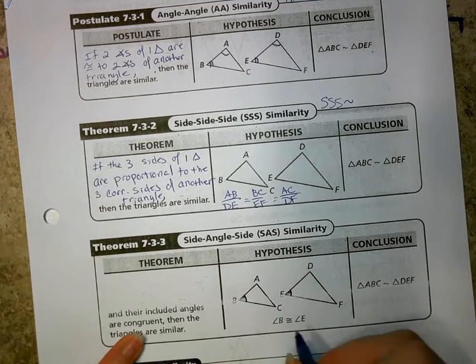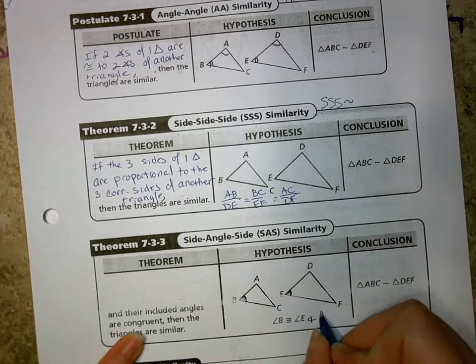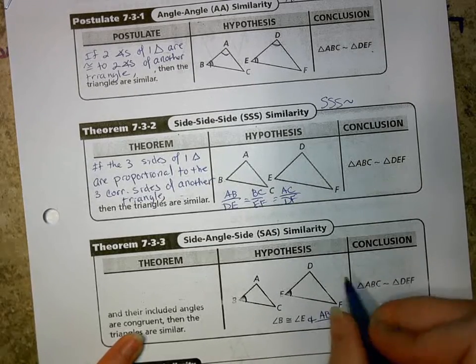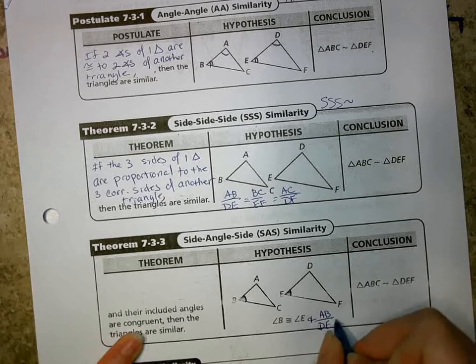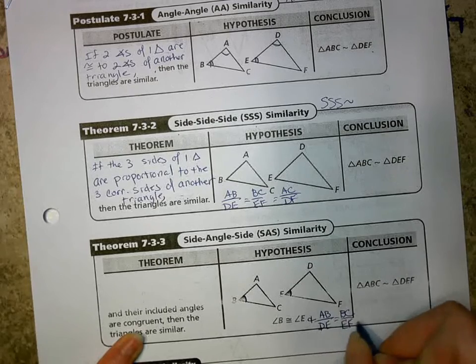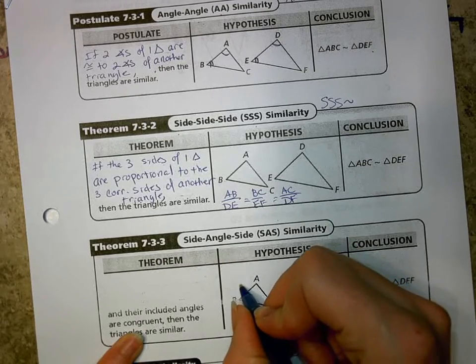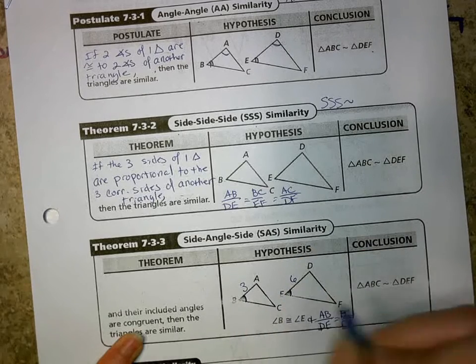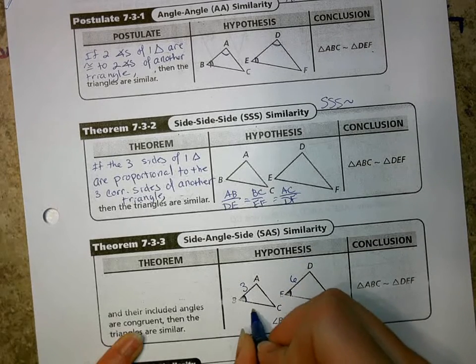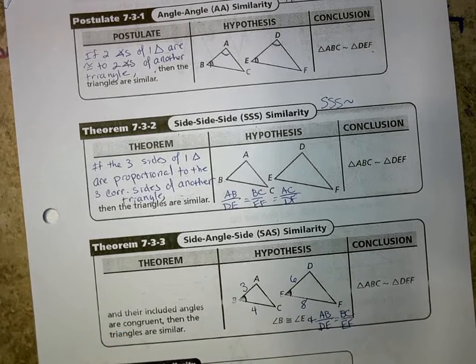So you would have to show the angles are congruent, and you would have to show that segment AB is to segment DE the same as BC is to EF. I could show that the sides are proportional. An example with numbers would be something like 3 to 6, and then 4 to 8, and I know those would have the same ratios.